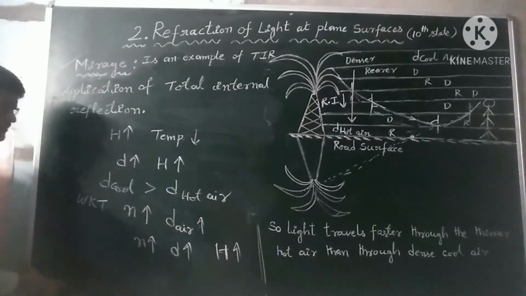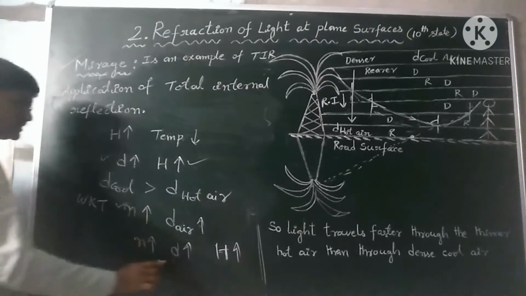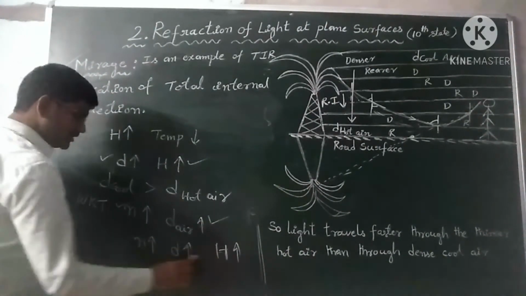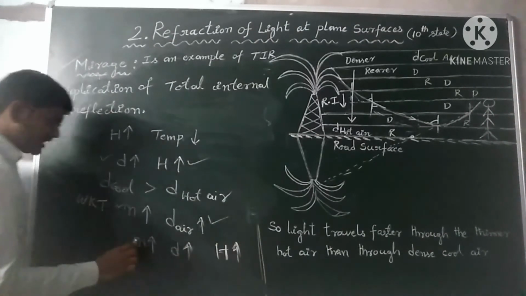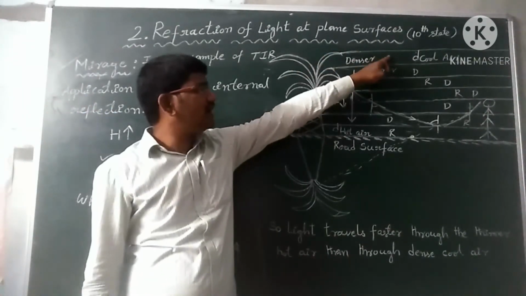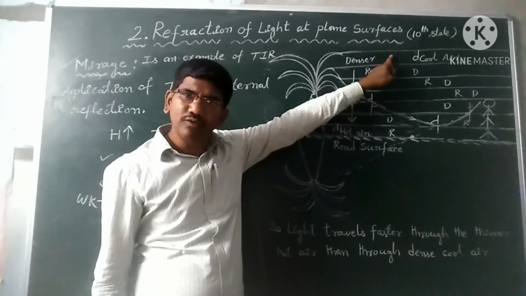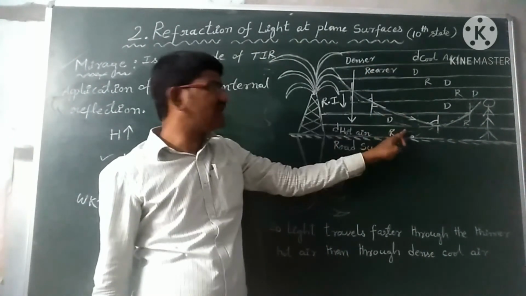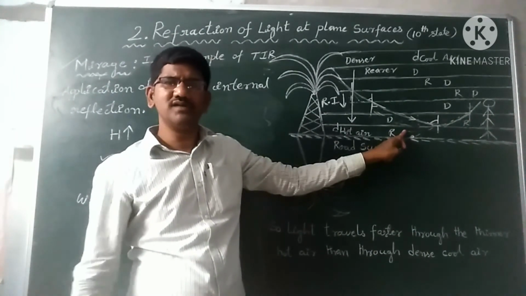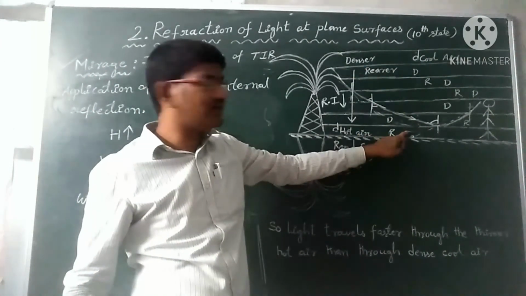So it also increases with height, because density increases with height we have written, and refractive index increases with density we have written. That's why the refractive index of the cool air is greater than the refractive index of the hot air.